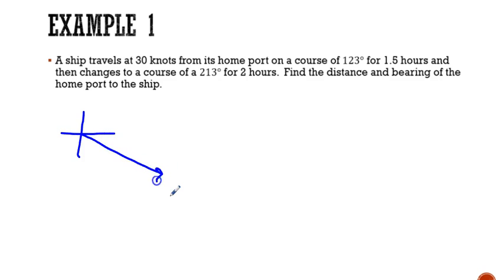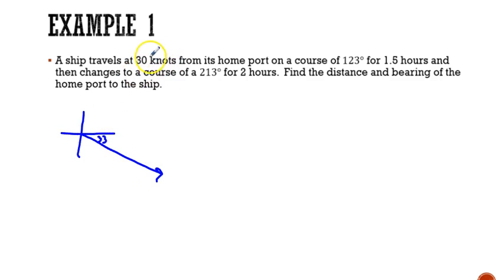So it's something like that. And since starting from the north is 90, we can even specifically list out that the difference between 90 and 123 makes this angle right in here 33 degrees, which would also mean that we could find the angle in here if we needed it later on as well.